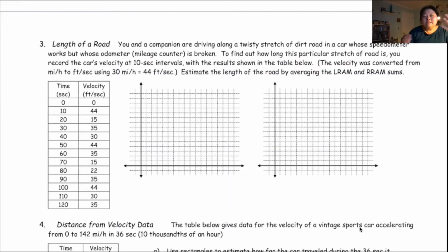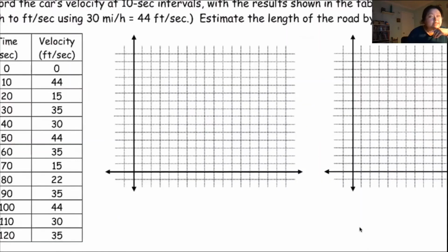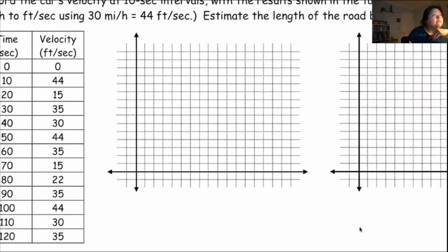So step 1 is to draw this out, and using the final product of what I posted on Canvas, you will see that this is going to be a very fun curve because it's not a very even road, right? So let's see, to make it easier for you, I'm going to make sure you have the right scale for this. I believe because it's going by 10-second intervals on your x-axis, you want to count each box as 10.